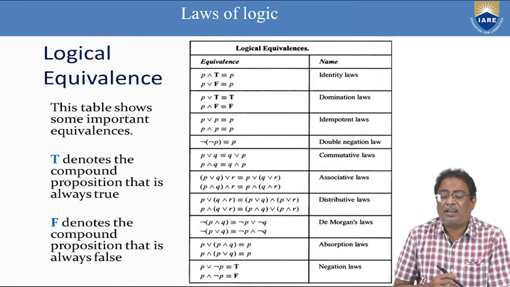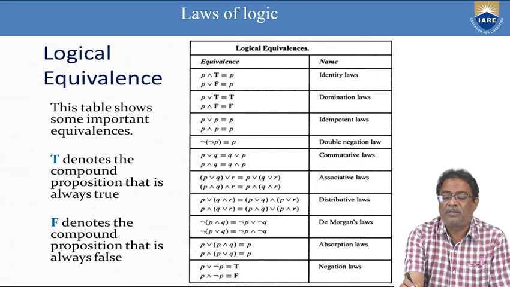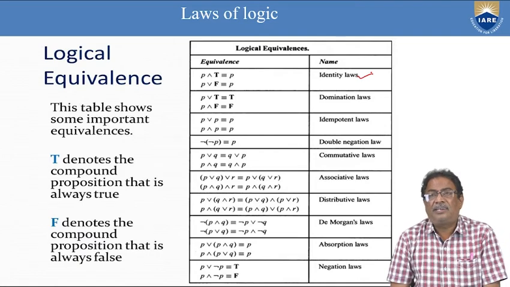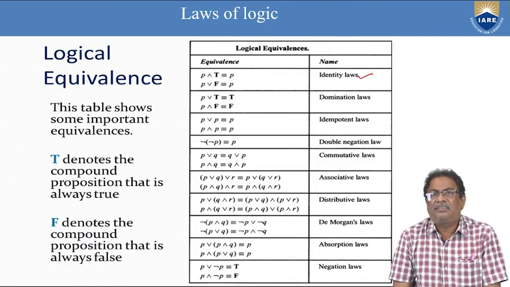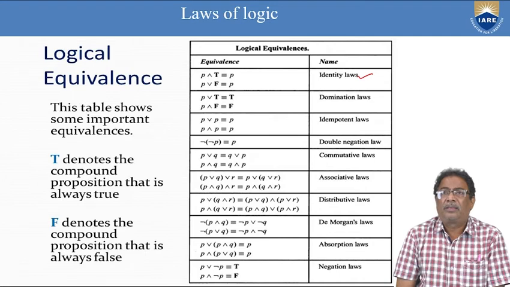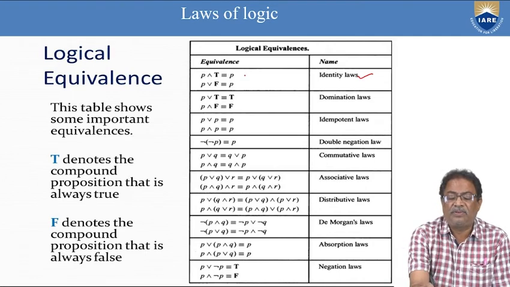Now, there are some formulas given for logical equivalence. The first one is the identity law, which can be represented in this way.